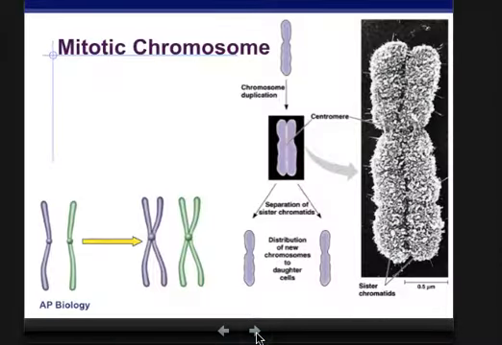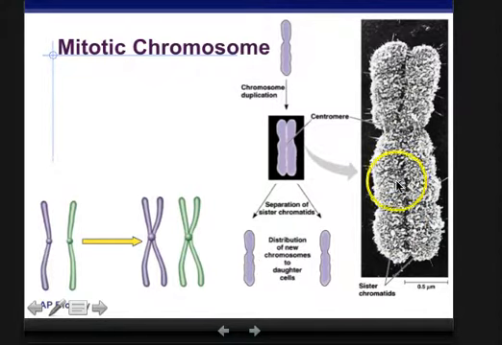So taking apart that chromosome, we start out with this half a chromosome. It gets duplicated and held together by the centromere, and then is separated to go to the daughter cells. So these are called chromatids.